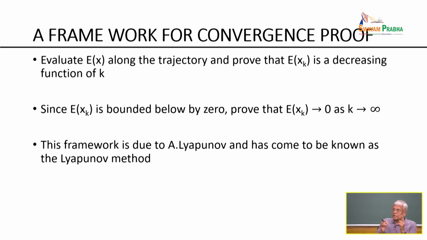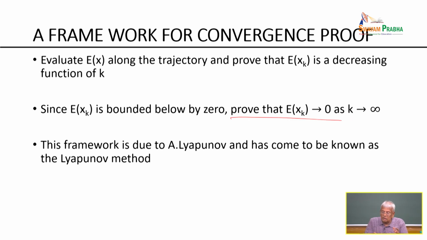Let me state the theorem once more. Any function that is bounded below, and if it is decreasing, sooner or later it must converge to that minimum, because at any other point it cannot stay there for too long, because there is a movement towards the direction of the value of the function decreasing. So, since E of xk is bounded below by 0, we want to prove E of xk tends to 0 as k tends to infinity.